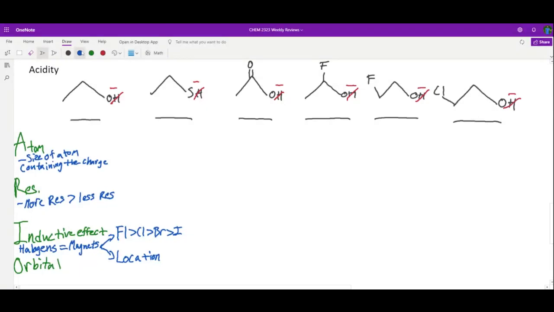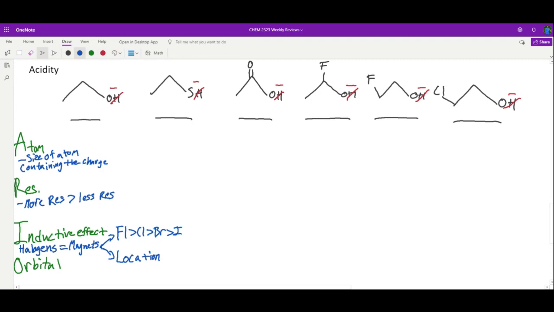Okay, all right, so going back to our concept of inductive effect, this is one of my favorite topics. All of OChem 2 is my favorite, but that's next semester. So inductive effects, think about halogens. Halogens, think about magnets, and in terms of halogens and magnets, think about two different concepts. That's the strength of your halogen: fluorine is better than chlorine, chlorine is better than bromine, bromine is better than iodine.